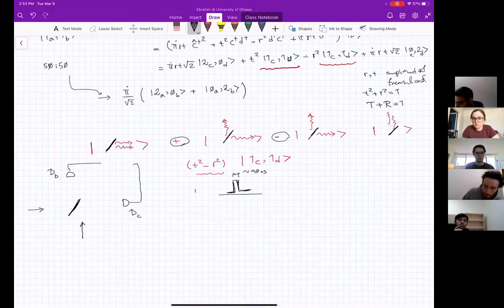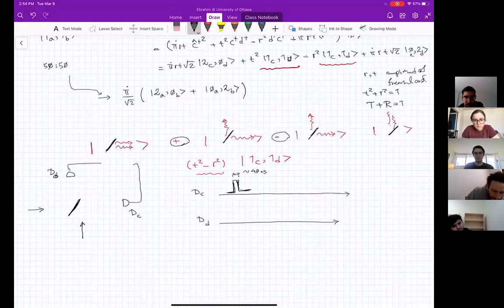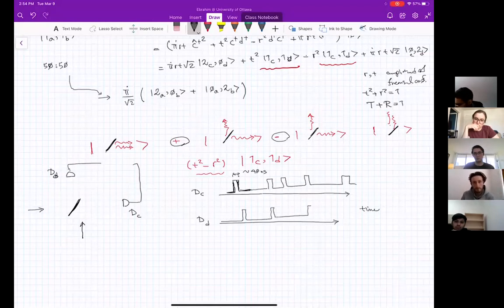So if you look at detector C and detector D, essentially what you will get over time is that these detectors will click, maybe completely in a random fashion. And here the same scenario. This is what happens with time.